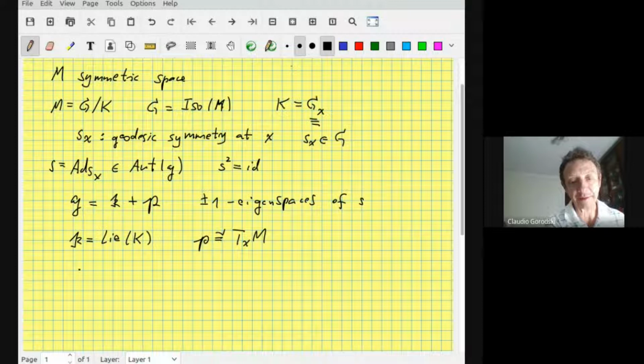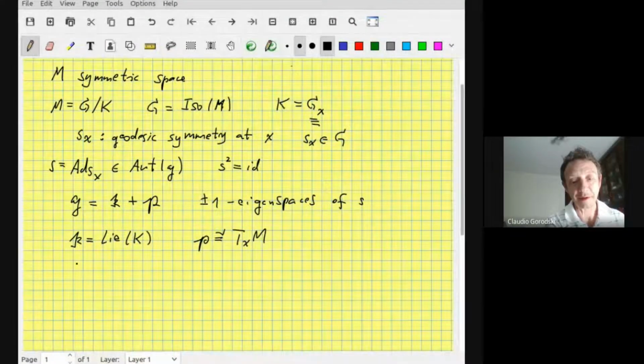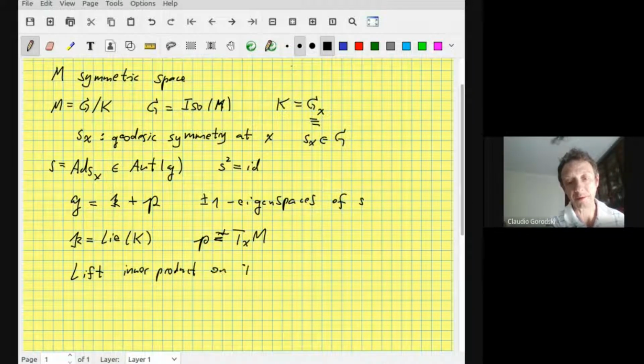So we can lift, under this isomorphism here, the inner product on this tangent space to an Ad K-invariant inner product, Euclidean, right?